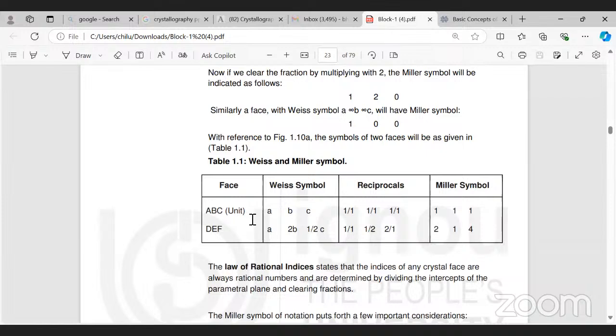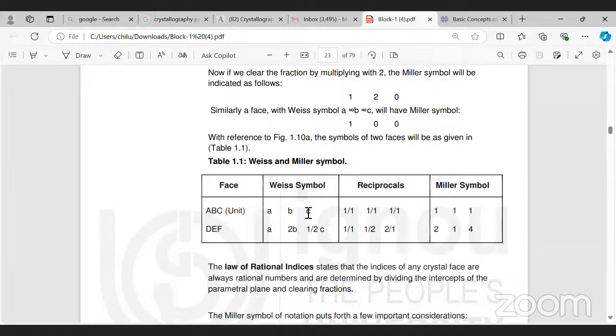For example, the face ABC unit: if you see ABC and the reciprocals, A is equal to 1, B is equal to 1, C is equal to 1. So that's 1 by 1 and 1 by 1. The Miller symbol is all the same, 1 1 1, it's showing 1 1 1.